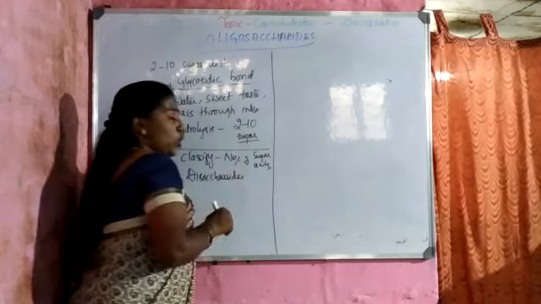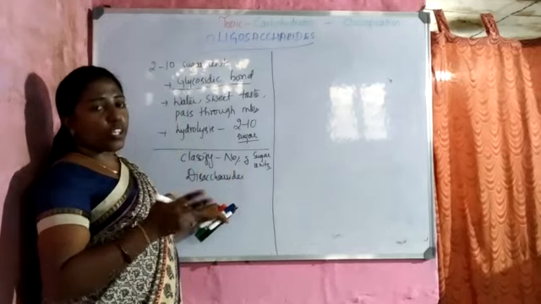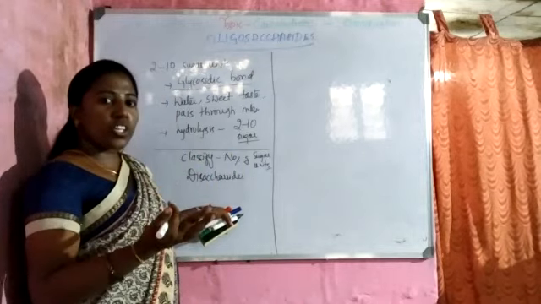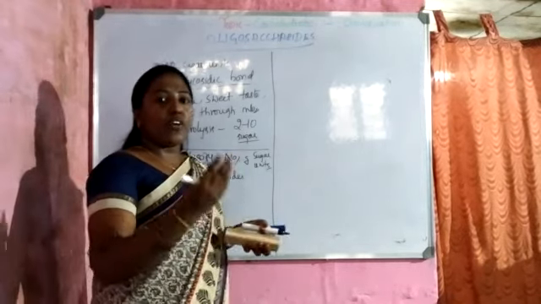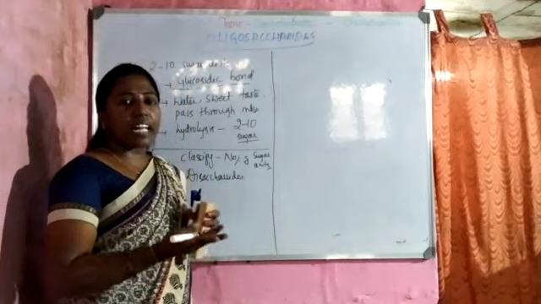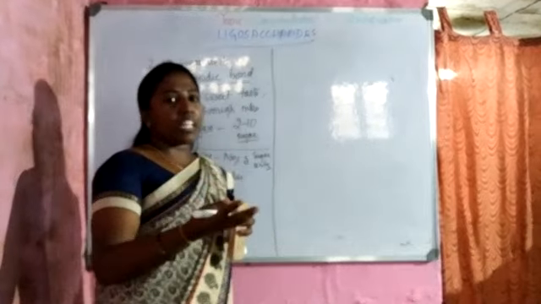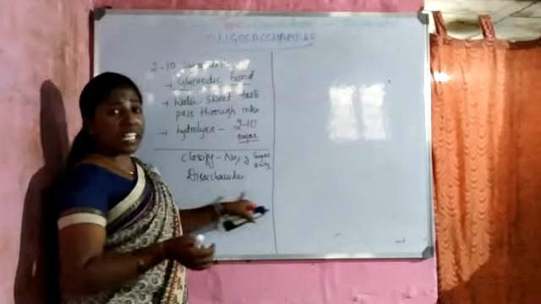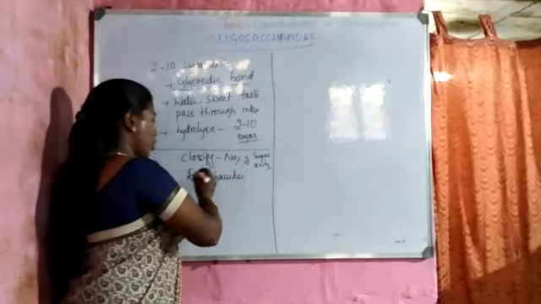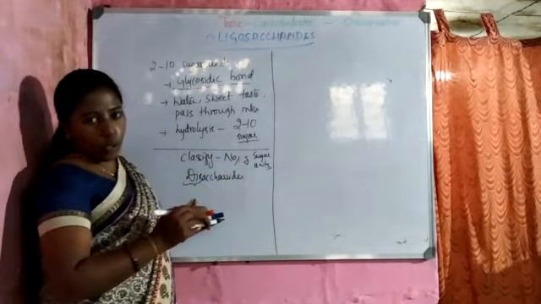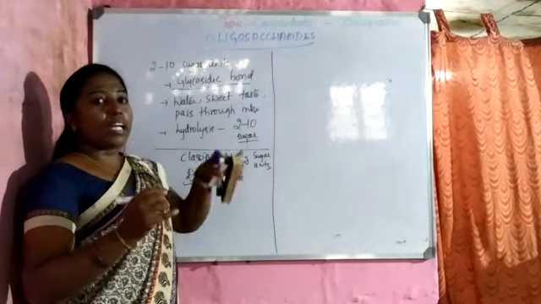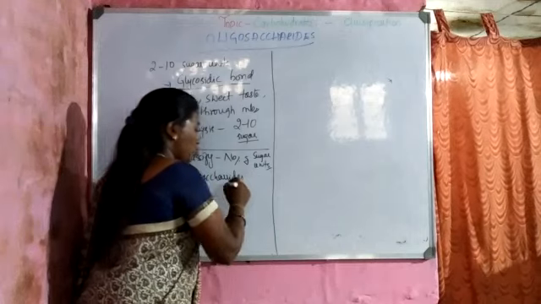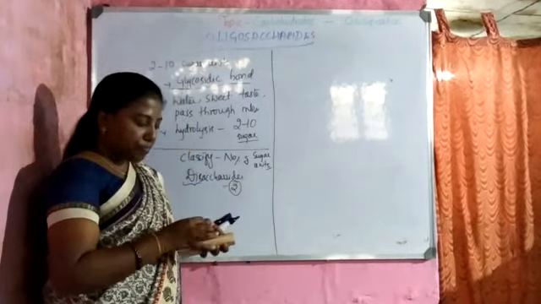Di means how many sugar units? 2 sugar units means we call it a disaccharide. 3 sugar units, trisaccharide. 4 sugar units, tetrasaccharide. 5 sugar units, pentasaccharide, like that. First let us take up the example of disaccharide. How many sugar units are there? 2 sugar units. Hence they are called disaccharides.